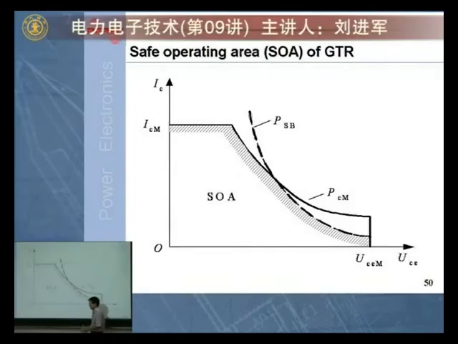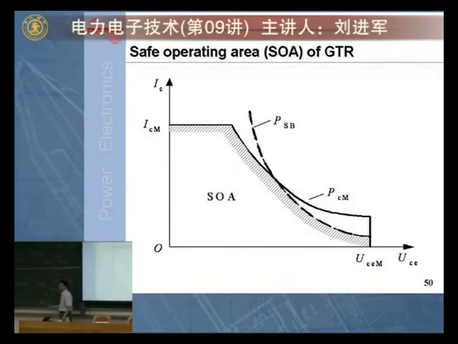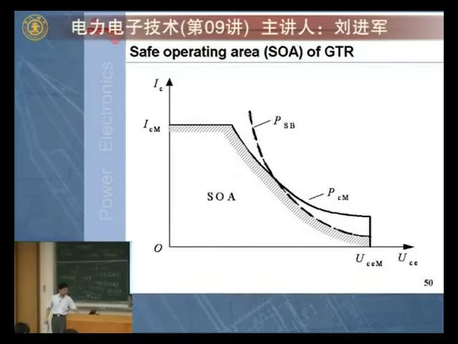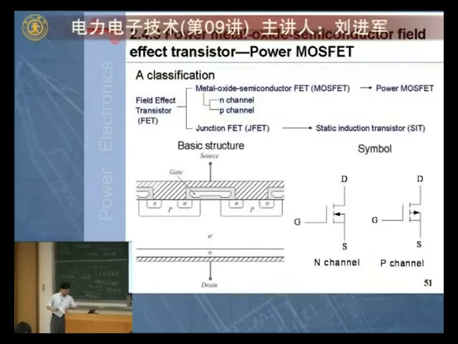These 4 lines form the safe operating area for GTR. Okay?